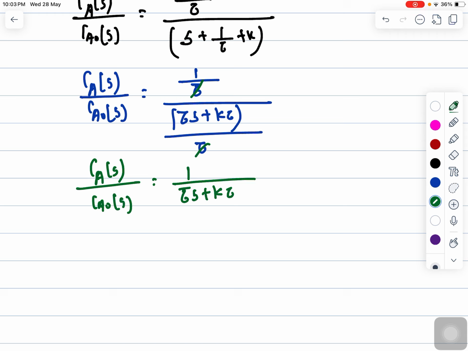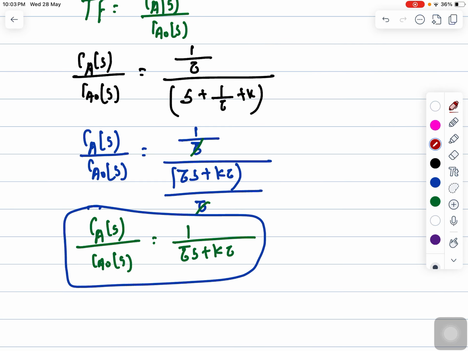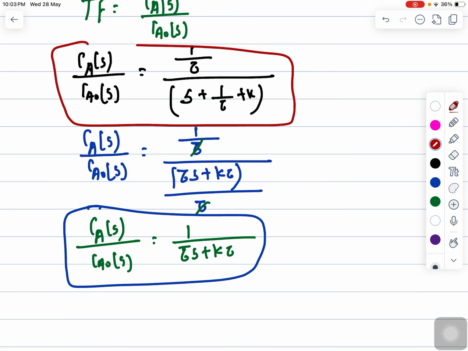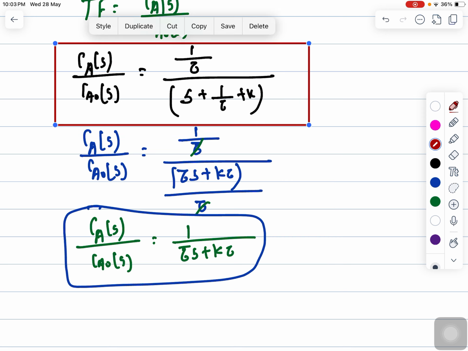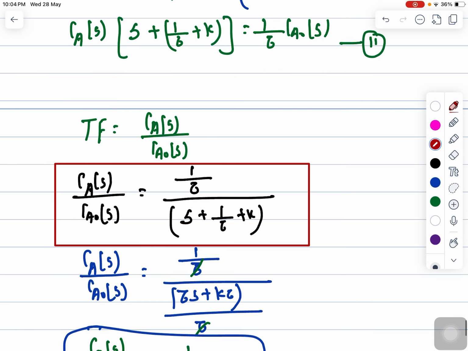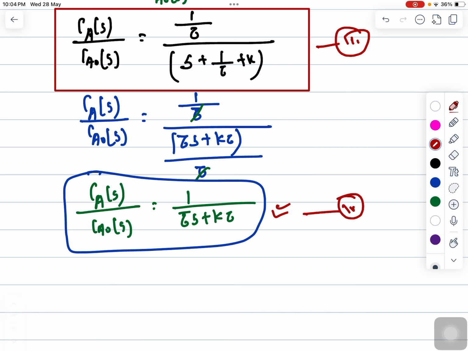Is that clear? So this will be your transfer function. Either form is fine. Both are the same, just a mathematical simplification from equation 3rd to equation 4th. I will assume this is my equation 4.